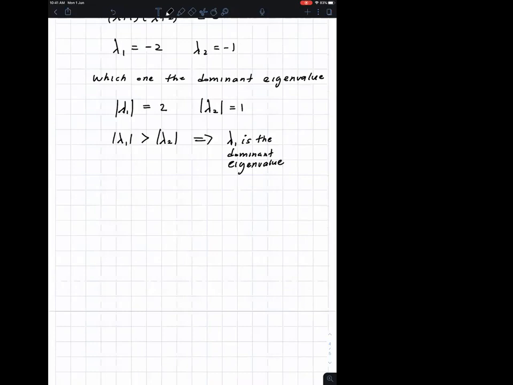Okay, let's say in this example, you found the dominant eigenvalue.